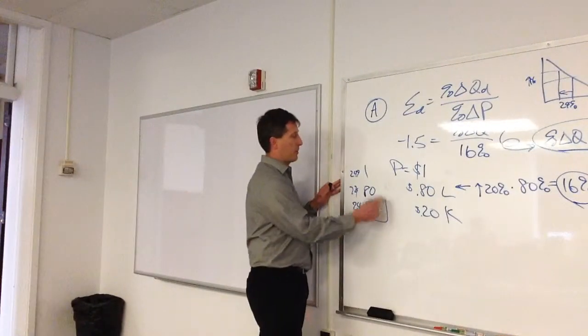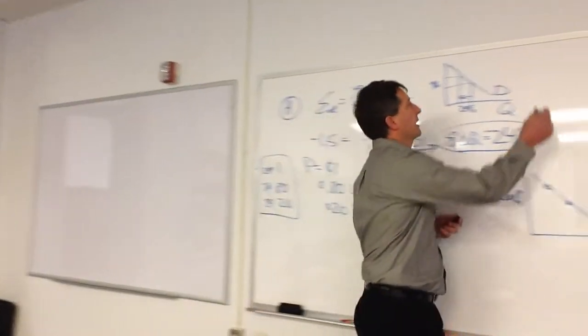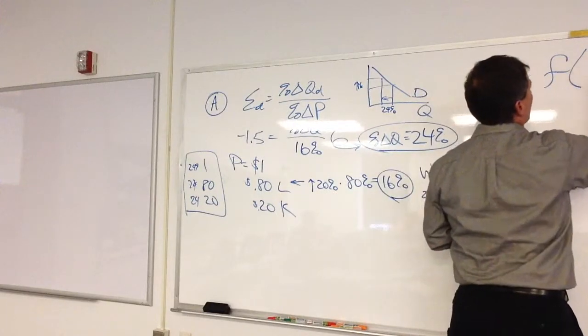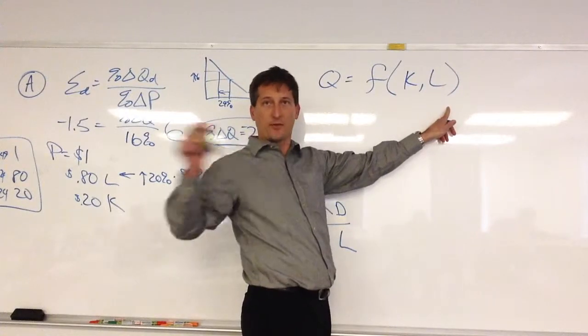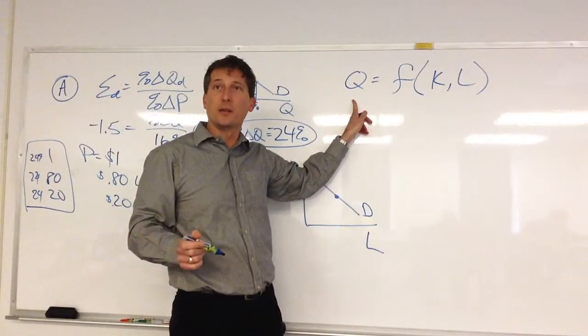So fixed proportions is the production technology. If we were to look at the production function as a function of capital and labor, whatever this ugly monster is turns out to be in these fixed proportions to the amount of output.